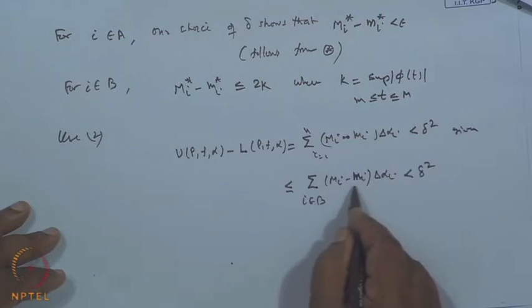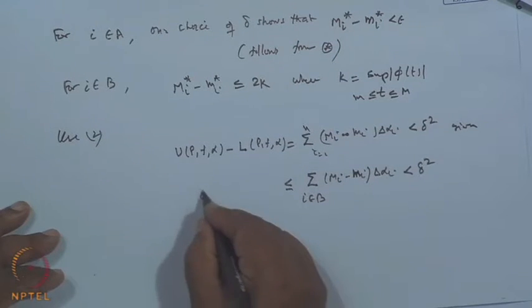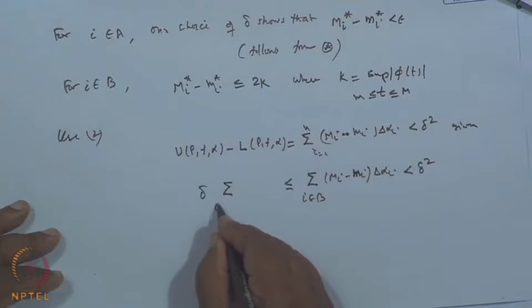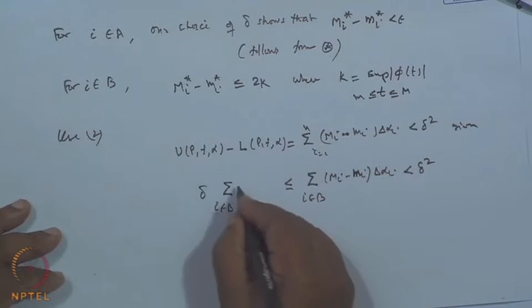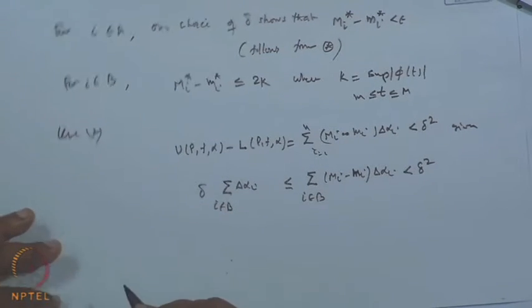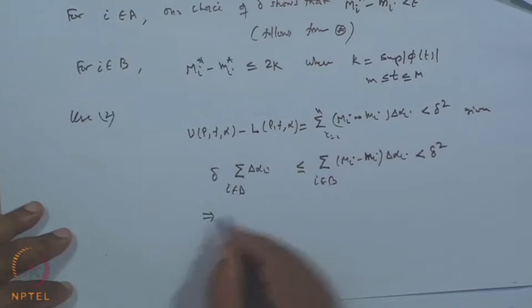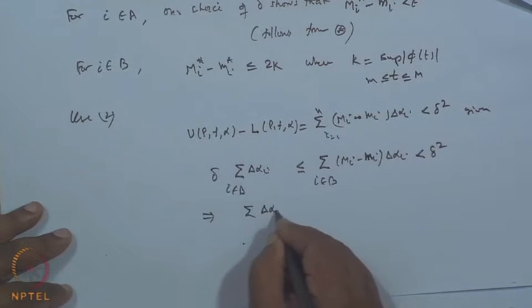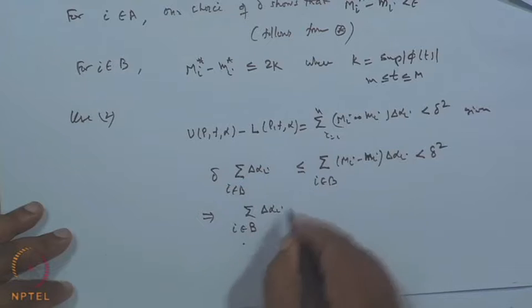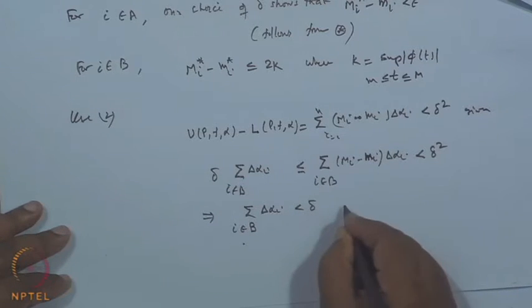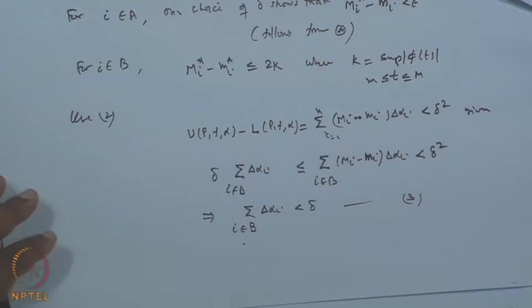Over B, M_i minus small m_i is greater than or equal to delta, so it is delta times the sum over I in B of delta alpha_i. That implies that the sum of delta alpha_i for I in B is less than delta. Let it be 3.